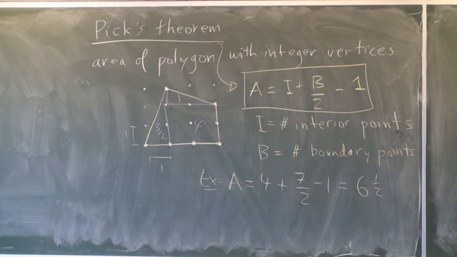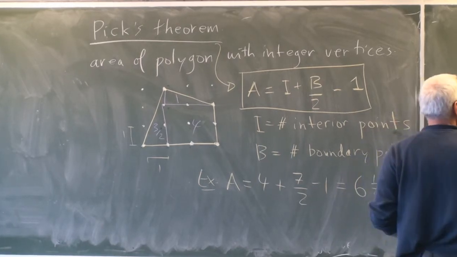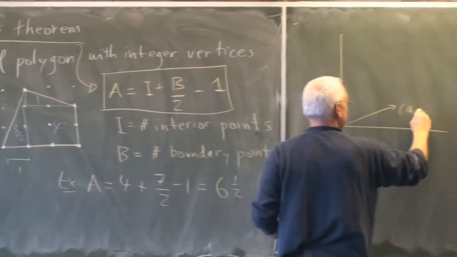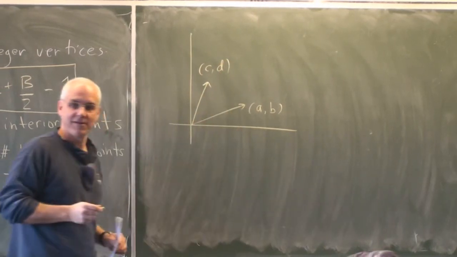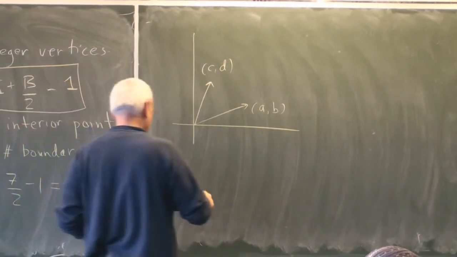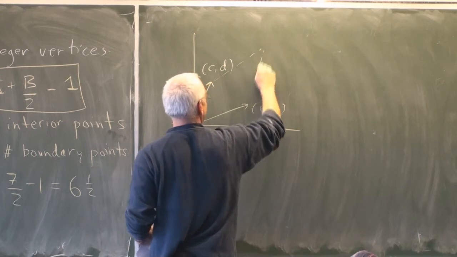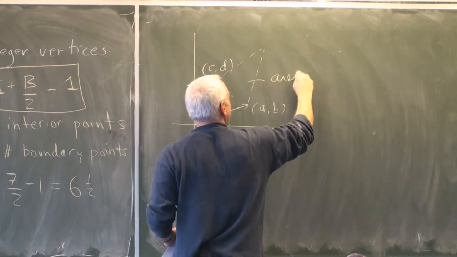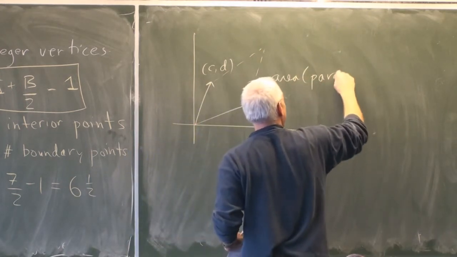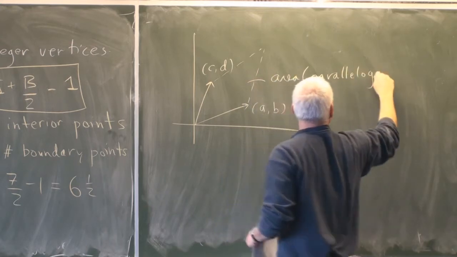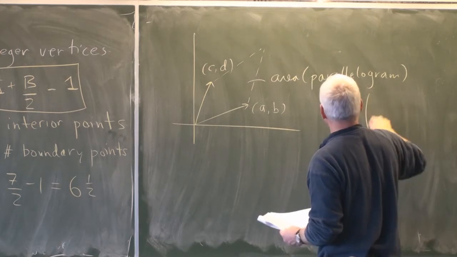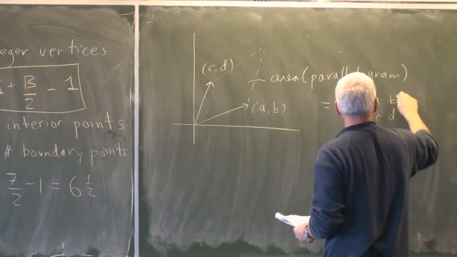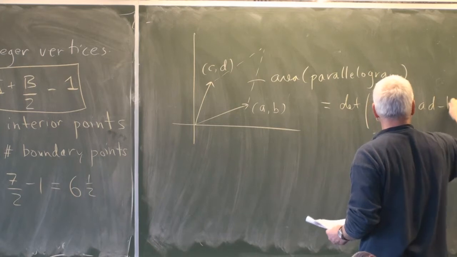Okay, let me just remind you, if you're in the plane and you have a vector AB, let's say, and another vector CD, then the area of this parallelogram is the determinant of A, B, C, D. So that's AD minus BC.